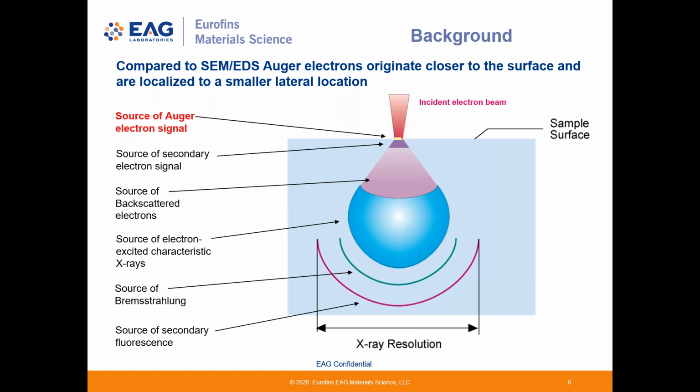Here are some questions about depth profiling. It says some of the sputter depth profiling figures show what looks like profile depth accuracy of angstroms. How do you achieve this accuracy with sputtering?